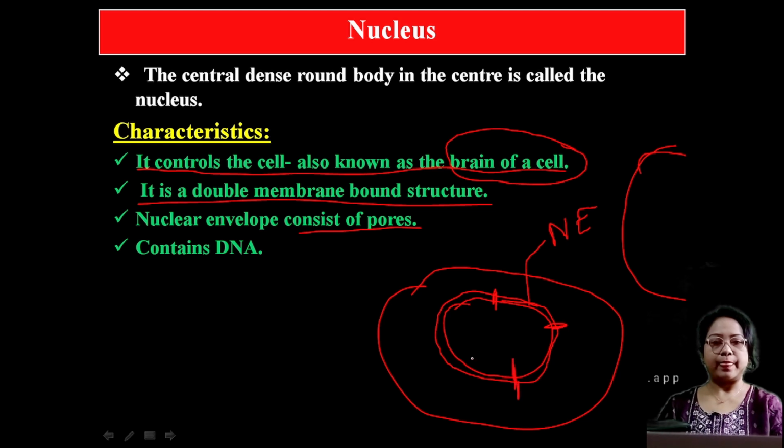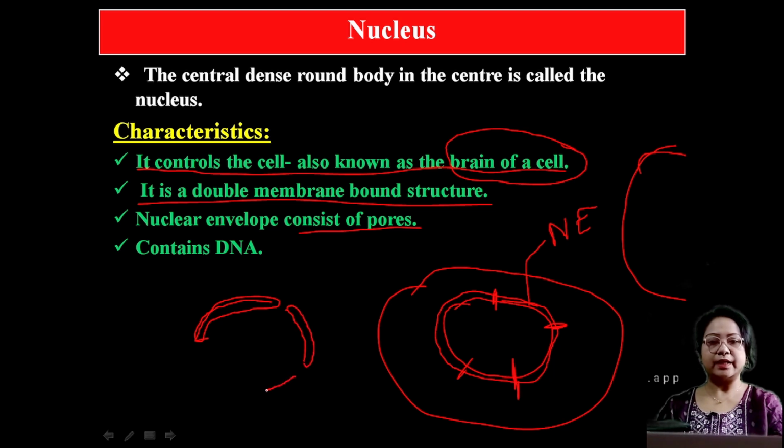Like suppose this is the nucleus, this is the nuclear envelope, and there will be some type of gap in between. Those gaps are also called pores, like in this way.